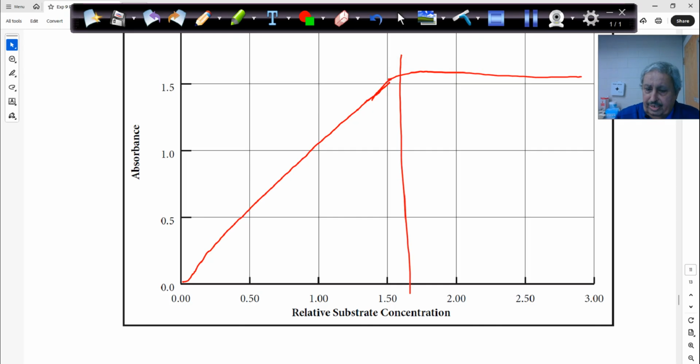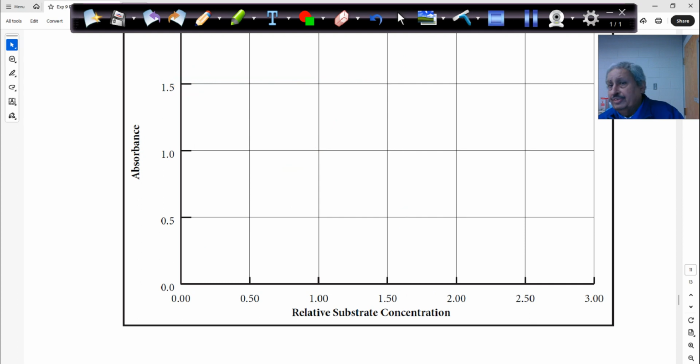So up to here is the maximum substrate concentration, correct? And this is of this absorbance. So something here is at this point here, correct? So these are the 3 effects affecting the enzyme activity today.